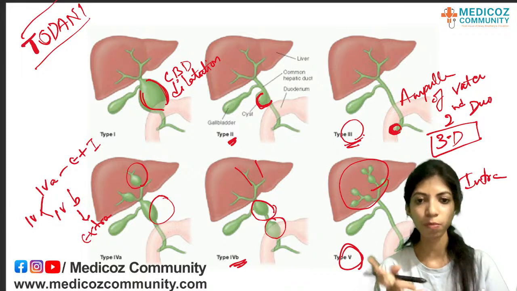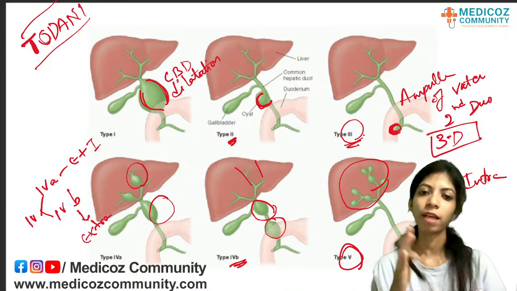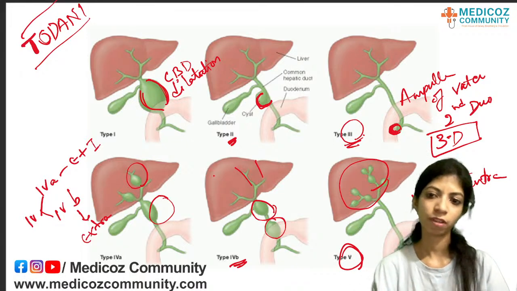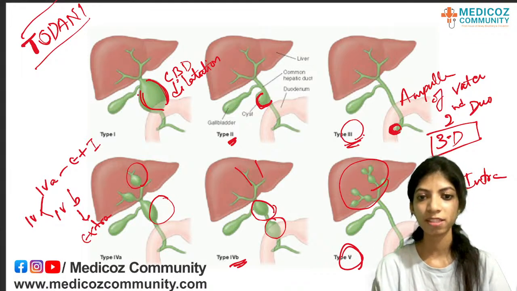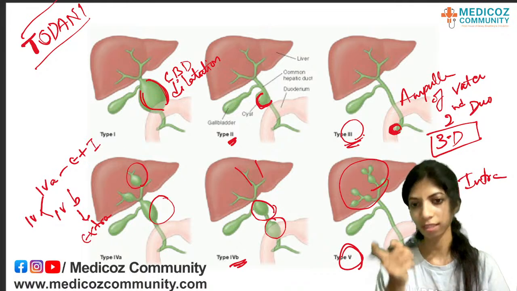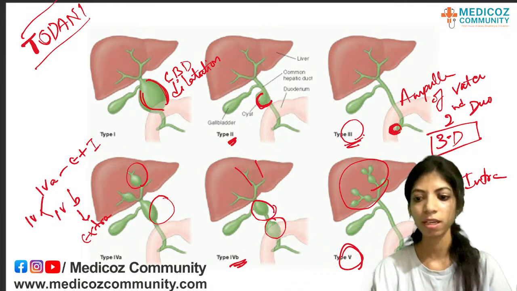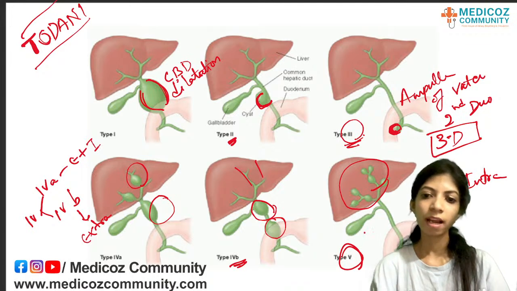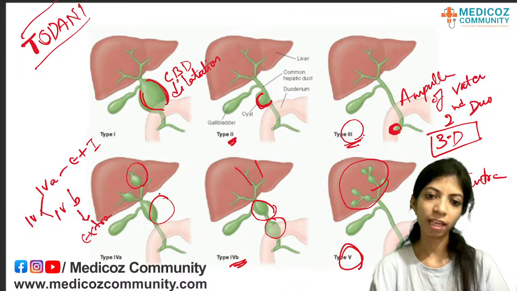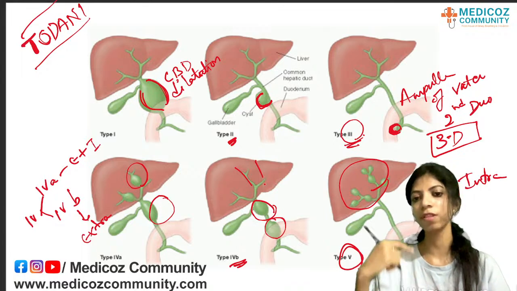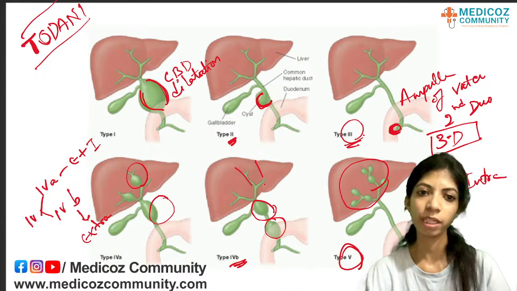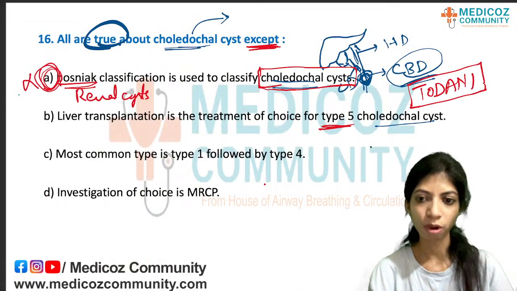And 4A is both, a combination of 4B and 5. Okay. So let us see it again. Type 1 is just dilatation. Type 2 is diverticulum. And type 3 is intraduodenal, 3D, the intraduodenal part. And type 4A is both intra and extra. 4B is only extra. 5 is only intra. Okay. So let's see the other options.